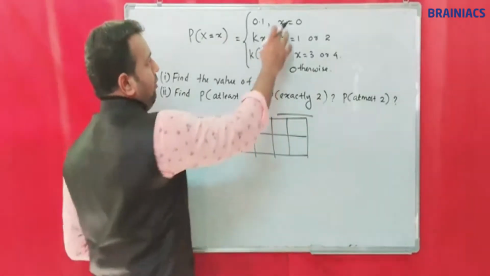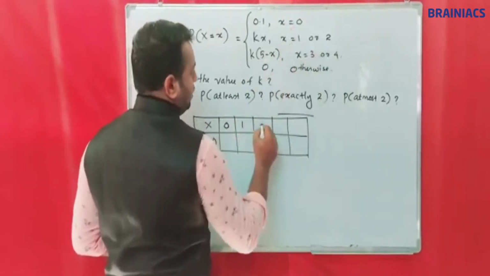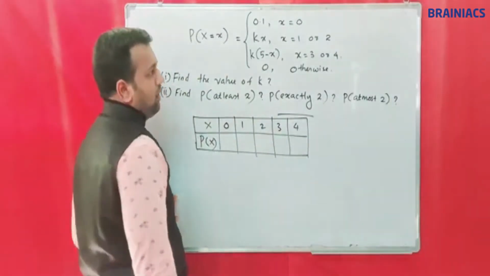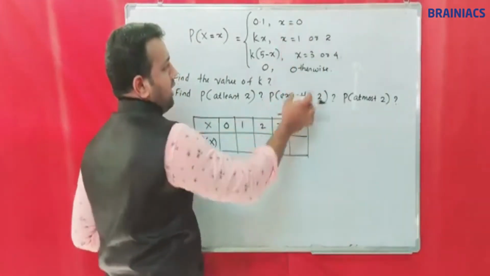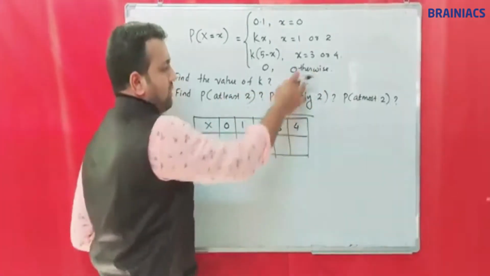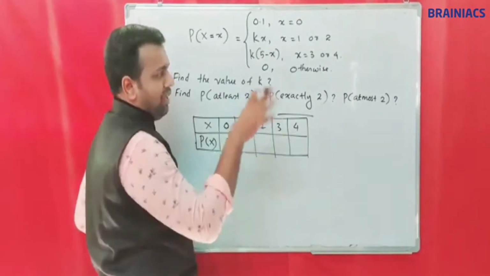The values of x are 0, then 1, 2, 3 and 4. These are the 5 important values. Otherwise means the value other than 0, 1, 2, 3, 4, so we cannot take that.